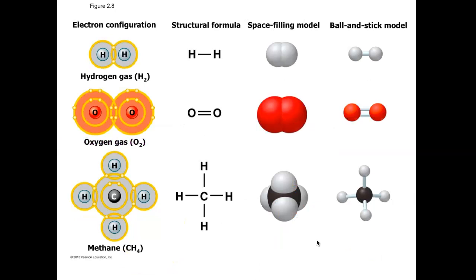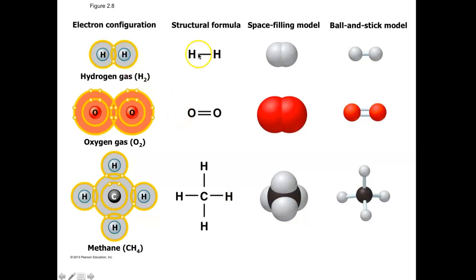So I have an example for you guys to draw. You can draw this from your textbook or from the PowerPoint images I just did. I want to just take a look at the way that these covalent bonds are drawn and illustrated. So there is a single bond here.